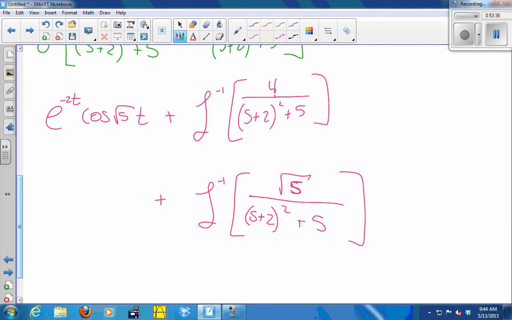Because then it would be different. So if I pull the 4 out here, and then divide by a square root 5, then the square root 5s cancel, and it's exactly the same as it was before. Right, because constants can come in and out of the Laplace.